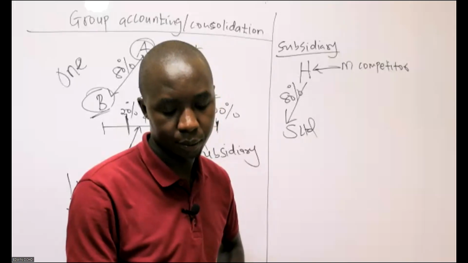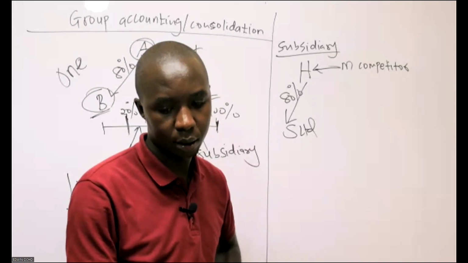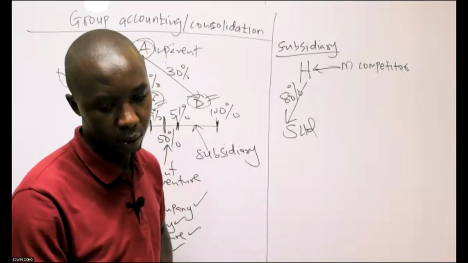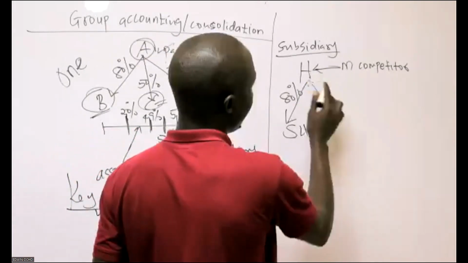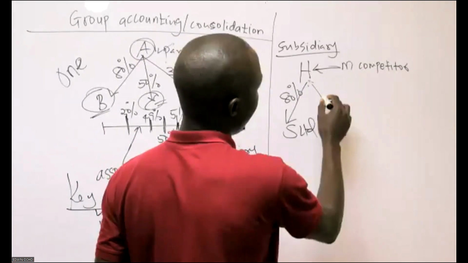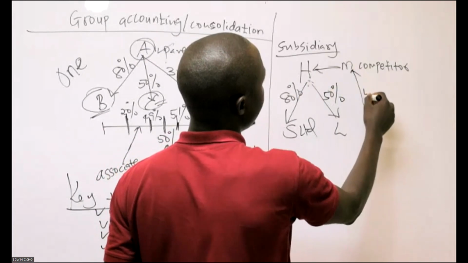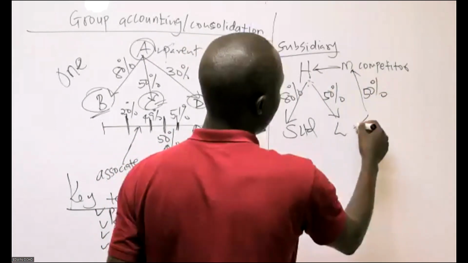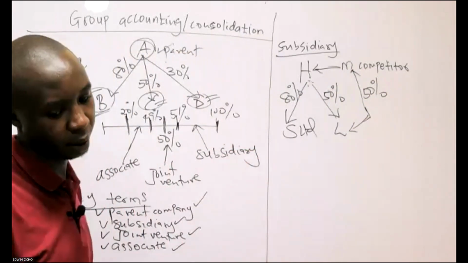L. They both acquired L. So 50%. Let's say this company H acquired 50% of L, and this competitor acquired another 50% in L.